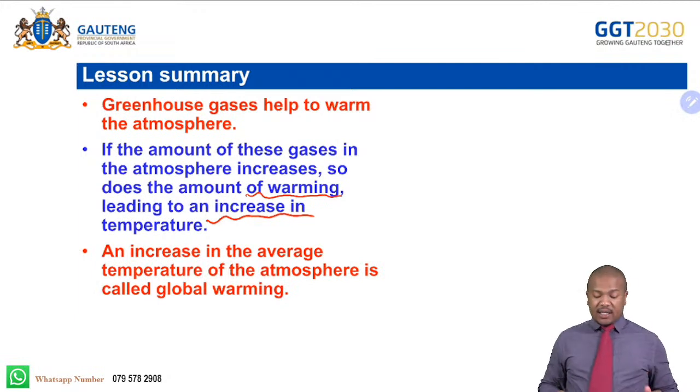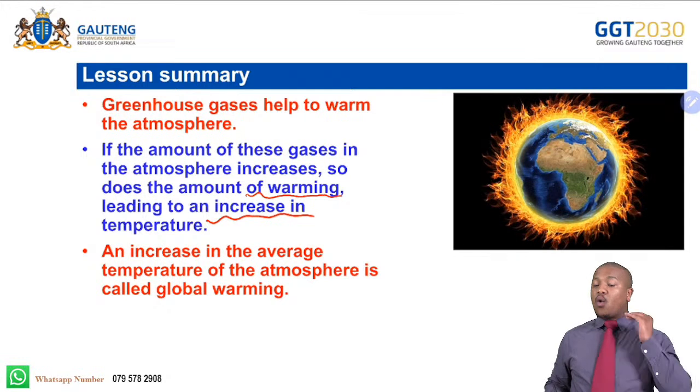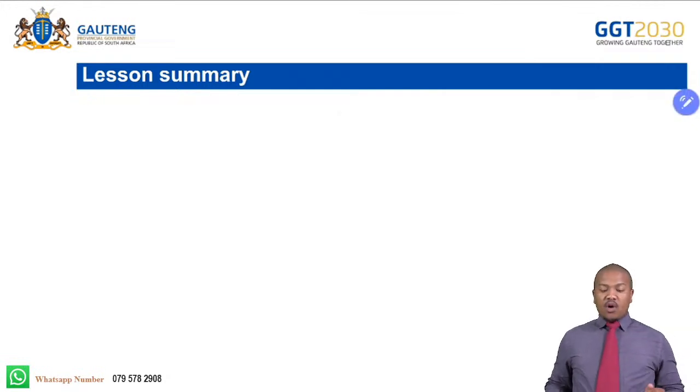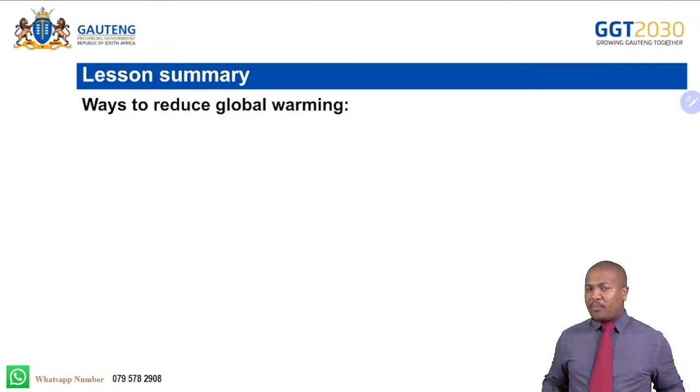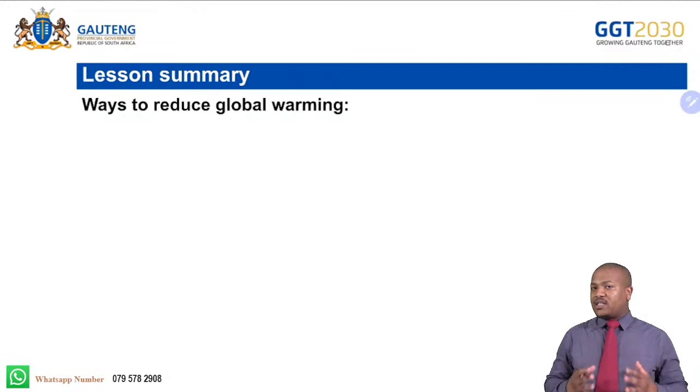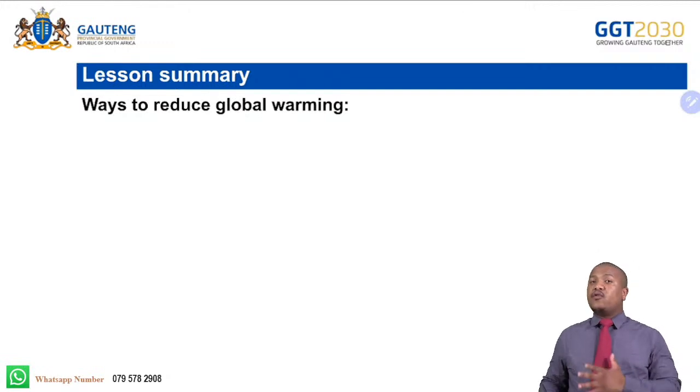And we said that the increase in temperatures globally is called global warming. We also talked of ways to reduce global warming. Besides that, we said that global warming is a contributing factor to other natural disasters, and also rising sea levels, climate change, food shortages, and also mass extinctions, right?